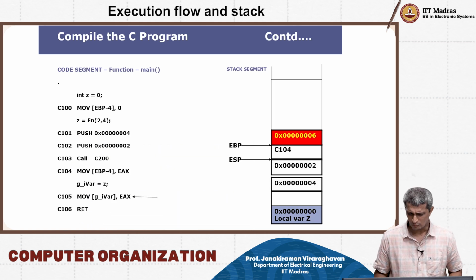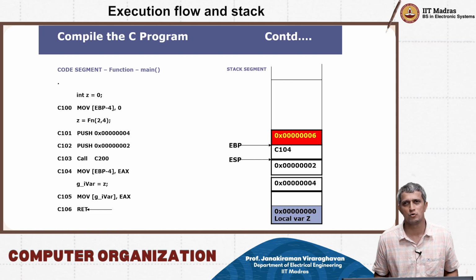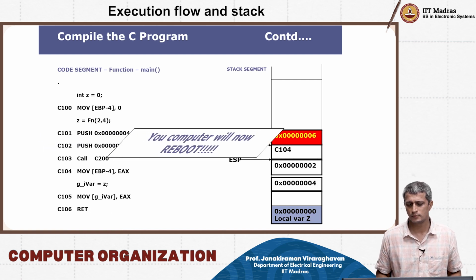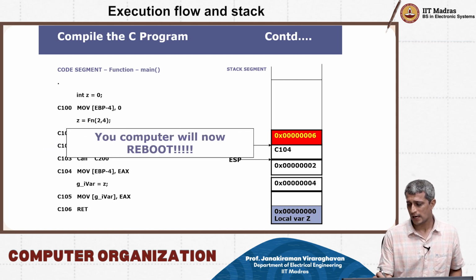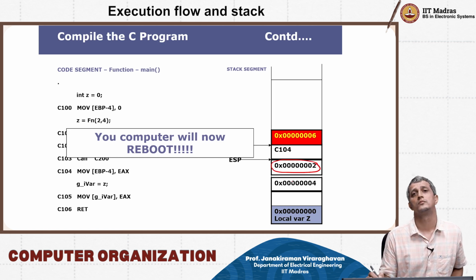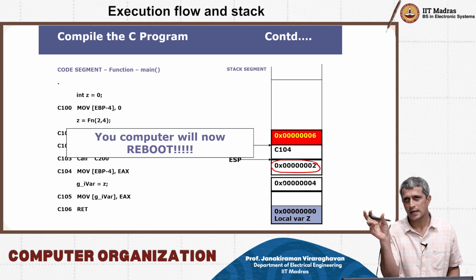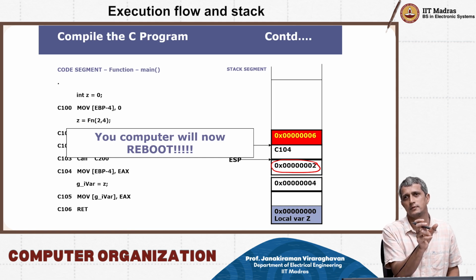Now fine, we basically load the return value EAX into some global variable, and let's say I do a return from here. What will happen? The top of stack ESP is pointing to this particular data. When you do RET, top of stack is simply popped onto the instruction pointer. That's what RET does, right?